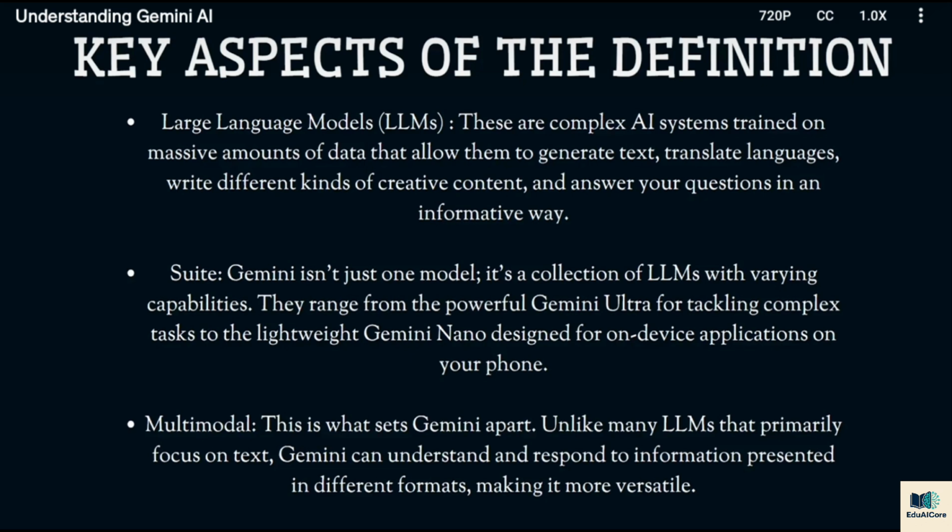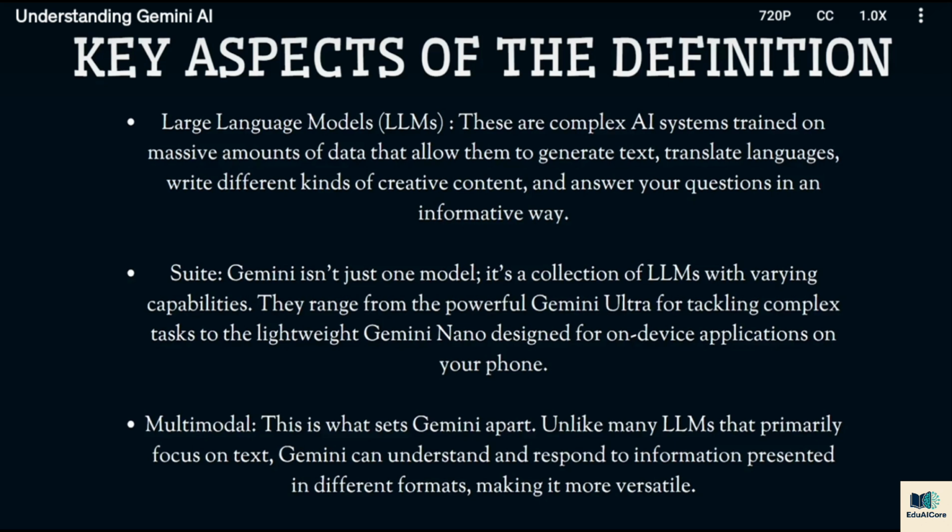Okay, and the next one is multimodal. This is what sets Gemini apart from other AI. Unlike many LLMs that primarily focus on text, like ChatGPT, which we have also seen, that uses the natural language processing method, whereas over here we work with the large language model.